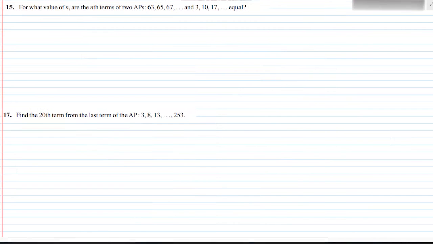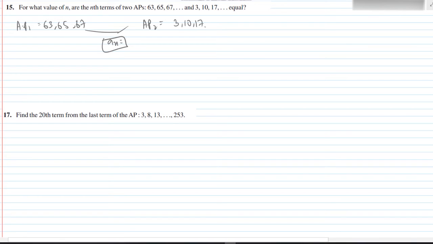Now, for what value of n are the nth terms of two APs equal? So AP1 is 63, 65, 67, and AP2 is 3, 10, 17. In both of these, a_n is common, right?